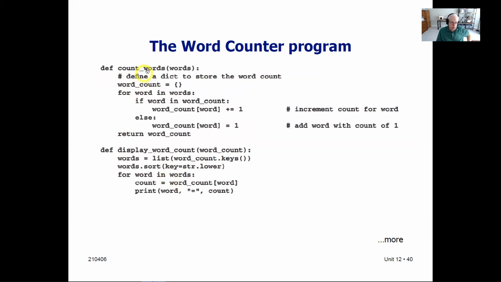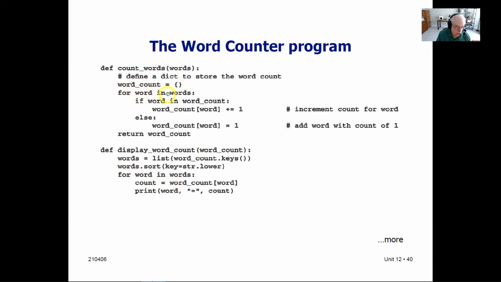Now we can count the words. It gets a little bit more interesting here. Count words, and we're going to work off of that words list. Okay. And we'll start off by creating an empty dictionary here. Word count is going to be a dictionary in this version of the program.